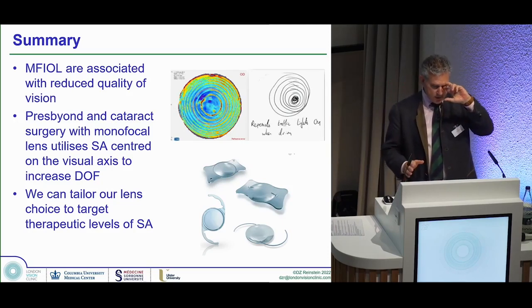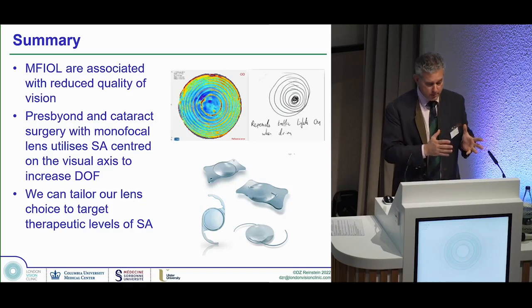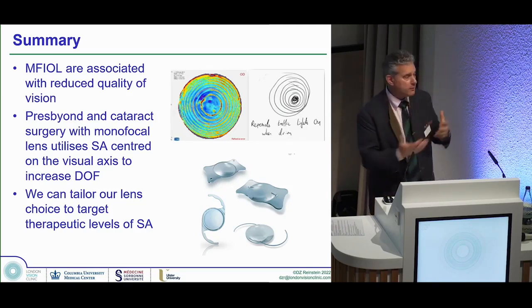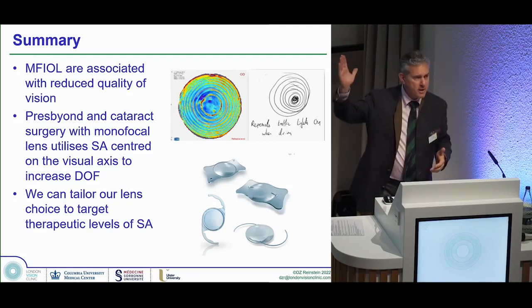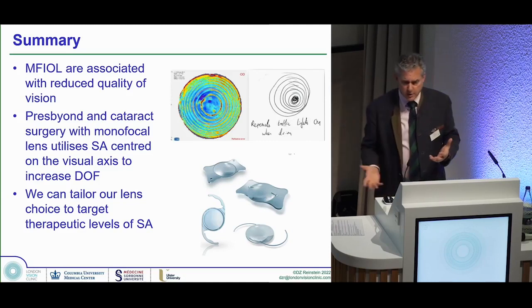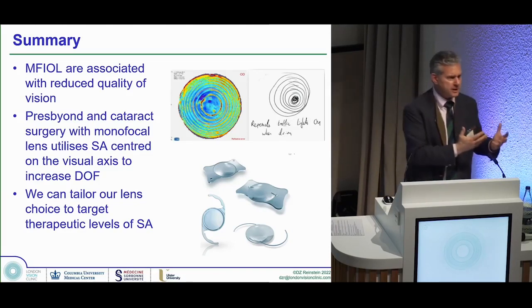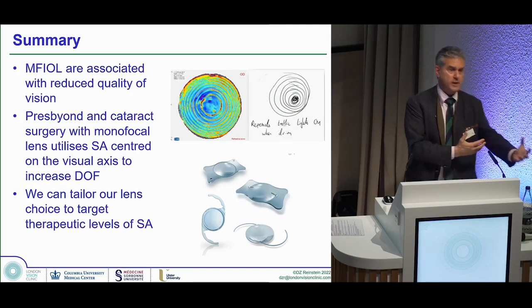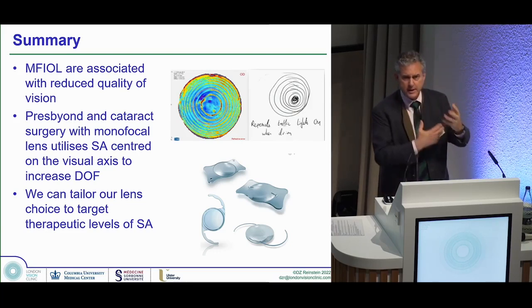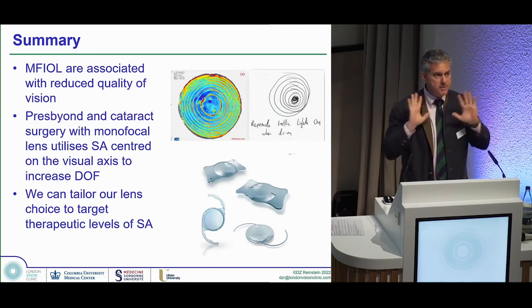The idea here is that we can tailor our lens choice based on whatever level of spherical aberration is in the cornea from the previous LASIK, even if it's from another clinic, even if it wasn't PRESBYOND. If they had a -8 correction, you're probably going to put a Technis minus 0.27 in, because you want to really suck that spherical aberration out of the cornea. So the choice is just simple arithmetic.